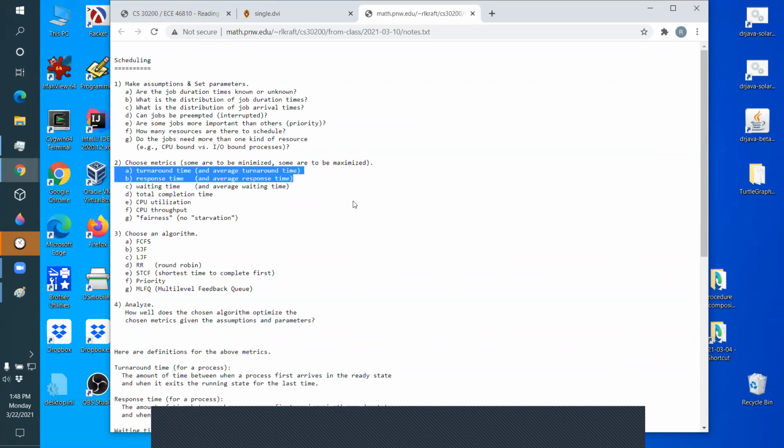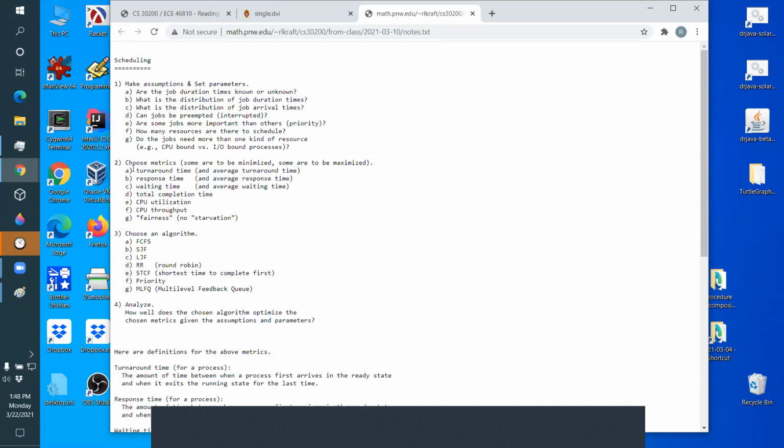Resolving that tension is what ends up being the next chapter, the multi-level feedback queue. It's going to blend the algorithm that gives us good turnaround time and the algorithm that gives us good response time, to give us a modern scheduling algorithm.